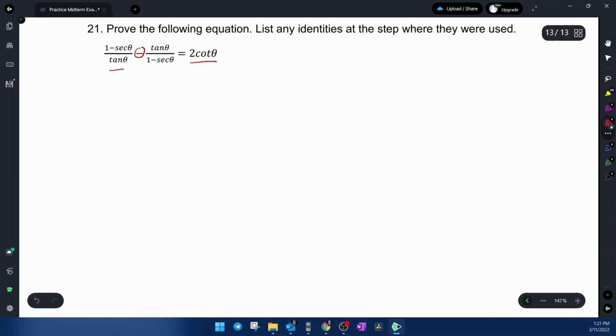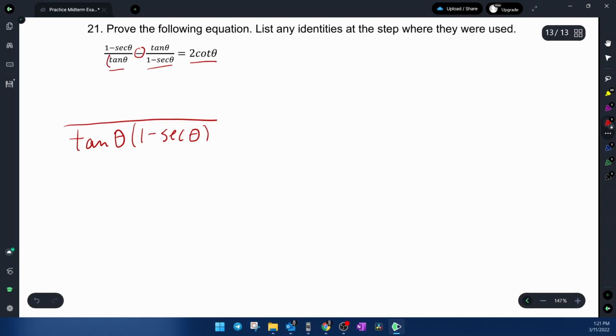Now, these denominators are completely different. So to get a common denominator, I'm going to need to multiply each one by the other one. For the first fraction, we're going to have tangent of theta times 1 minus secant of theta. That will be the denominator.